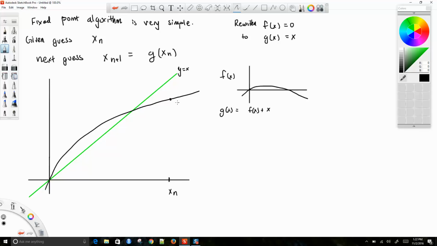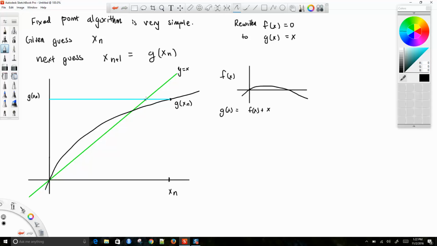At x of n, this is my g of x of n, right there. So this is the value of g of x sub n.